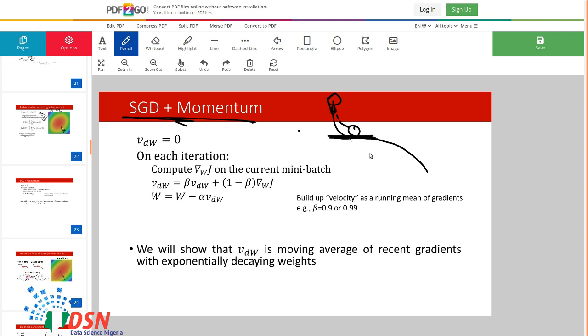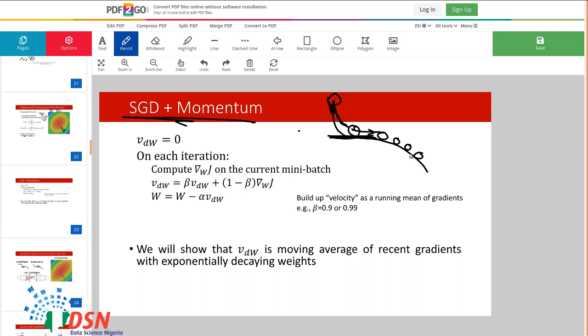Here we have, let's say, zero derivative, but because of the velocity the ball has at this point, resulting from moving from here to here, we pass the saddle point.